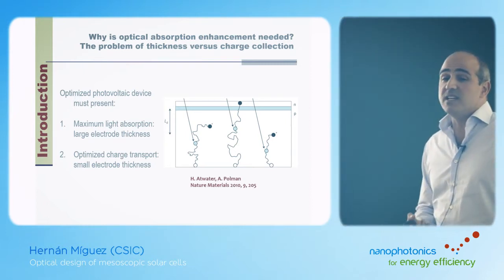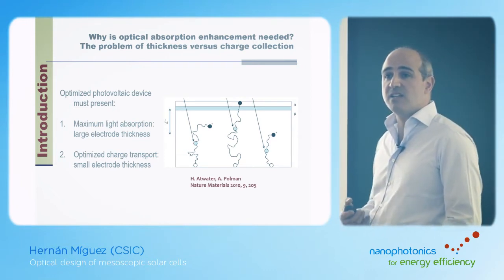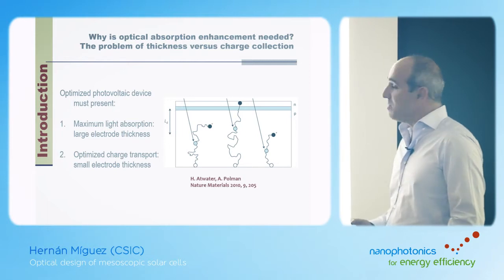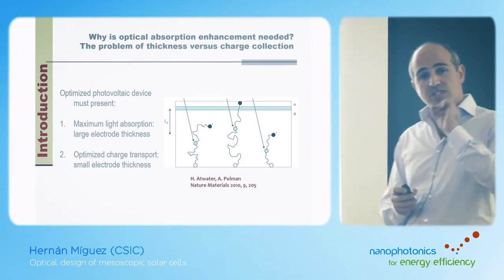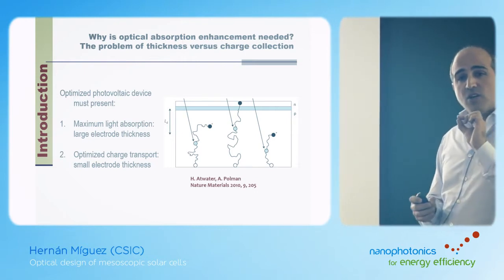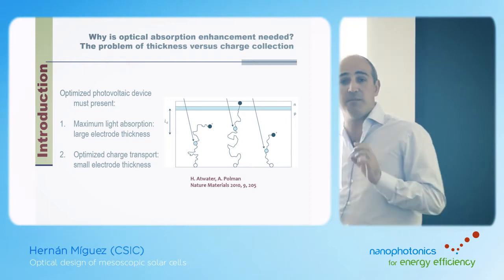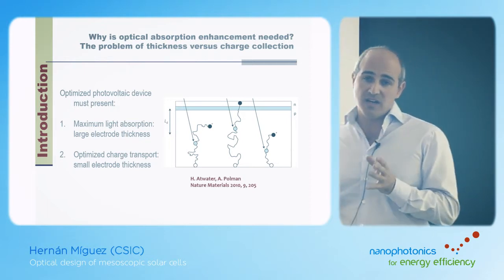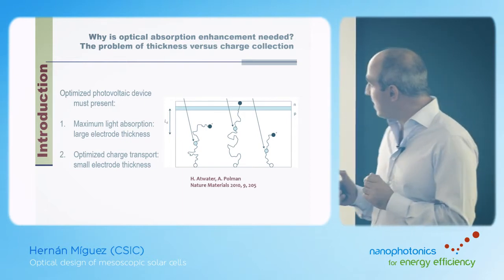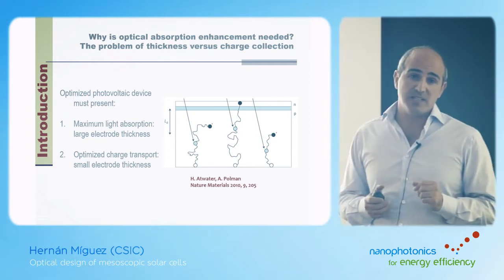From a very basic perspective, a solar cell is just a device whose mission is absorbing light, using that light to generate photocarriers and collect those carriers, right? So in this very basic description, we find the central idea on which the use of nanophotonics in this field is based.